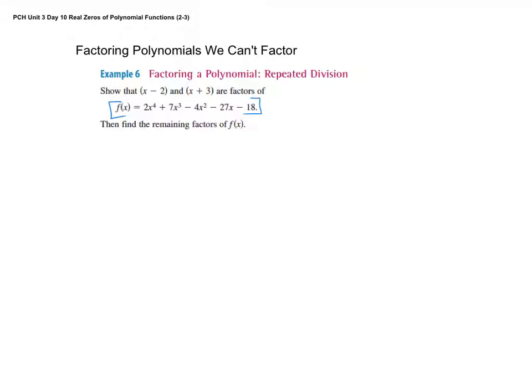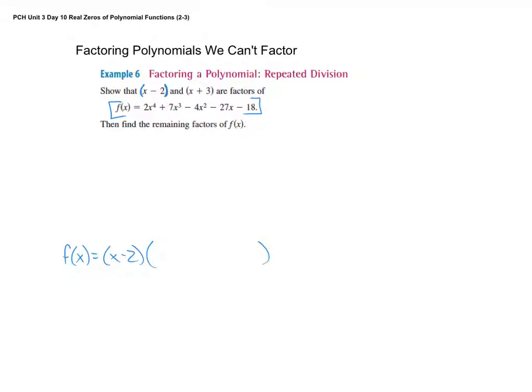However, if we can figure out a binomial that's a factor of it, then we can actually factor it out by division. Okay? So for example, if I were to do this one first, the x minus 2, I'm going to factor out that x minus 2 so I can write f of x as x minus 2 times something.